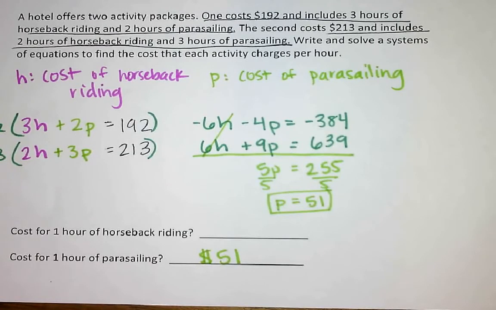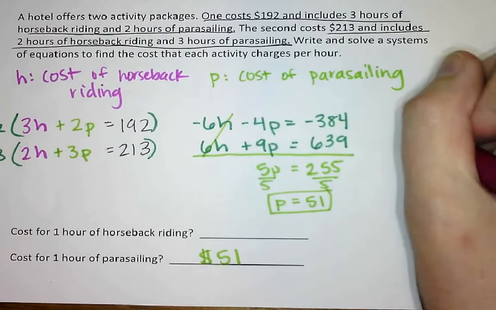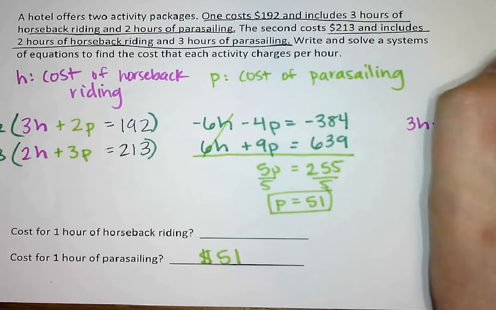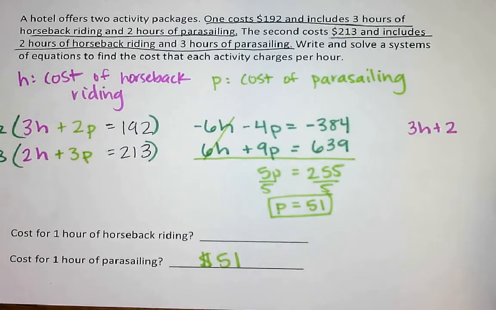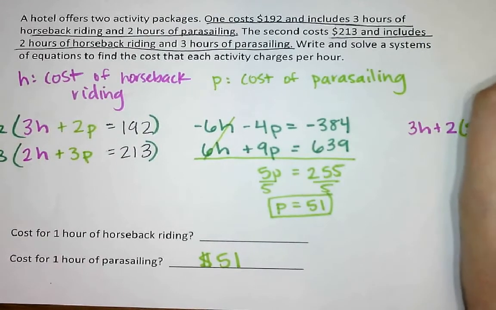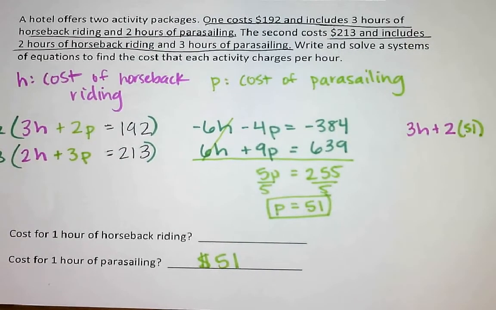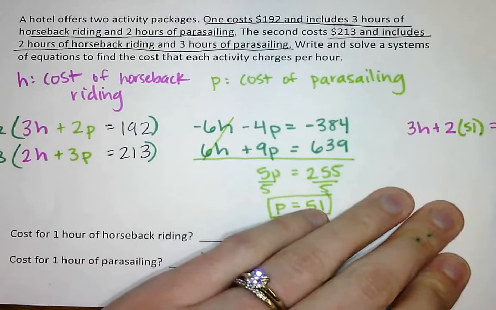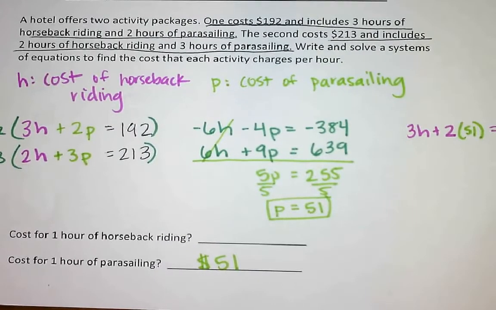No. I'm going to pick the top one because my numbers are a little smaller. Y'all cool with that? So I'm going to say 3H plus 2 times P, which is 2 times 51, equals 192. So that's going to be 3H plus 102 equals 192.